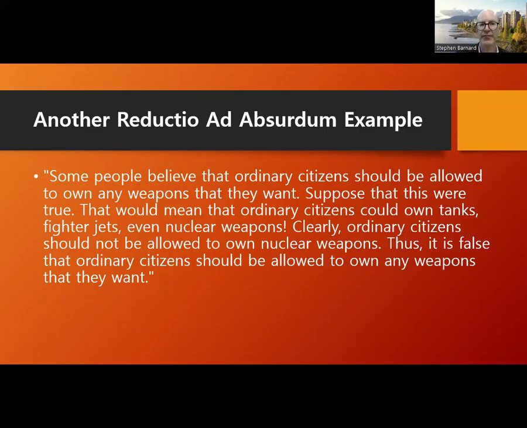Okay, now just as I gave a little warning for the other deductive arguments, like the disjunctive syllogism, where you have to be careful about making the mistake of assuming it's either A or B, because in many situations there are more than two possible options, you also have to be careful about using reductio ad absurdum just because you cannot imagine something can be true.